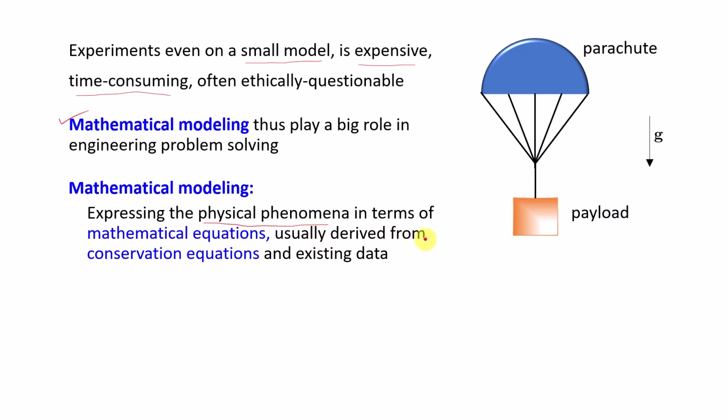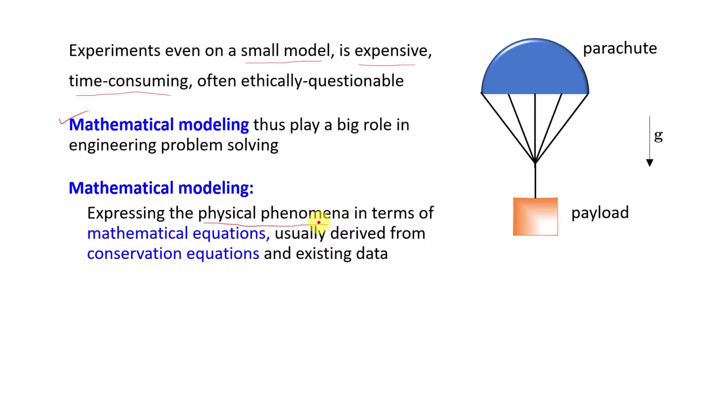These equations are usually derived from conservation principles, that means conservation of mass, momentum, and energy, or they can come from lots of data, that is the data-driven model which we'll talk about later. Most of the time it will have conservation equations as well as some data. This is how we can create a mathematical model of a physical phenomenon.